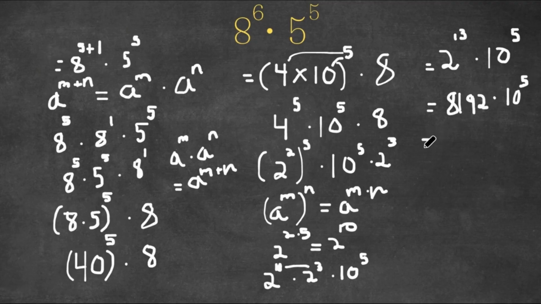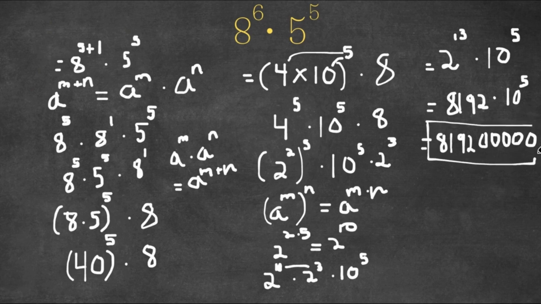So this would equal 8,192 with 1, 2, 3, 4, 5 zeros. So this here is going to be our answer.